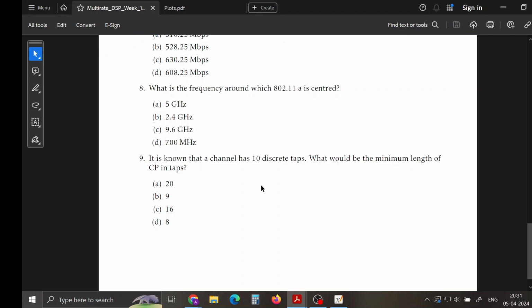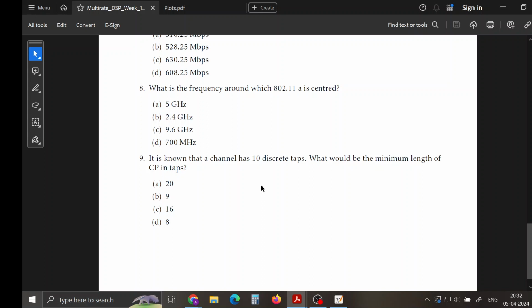What you do is basically, if you have a stream of data, you take the last set of symbols and copy or append that in front of the entire data block. So that way you actually get a guard actually.